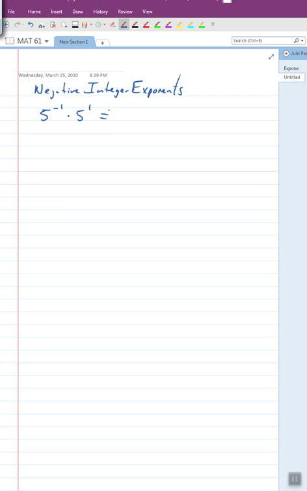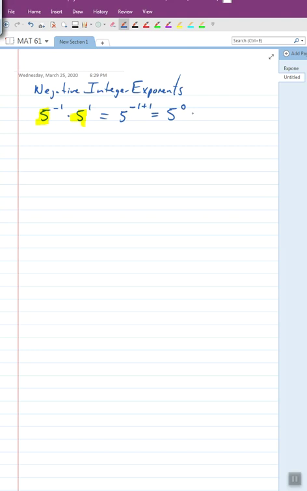Based on what we said last time, since these two bases are the same, what happens with those exponents when you multiply? What do you do with the exponents? Yeah, you add them up, which in this case means you're adding negative 1 plus 1, which means you end up with 5 to the 0.